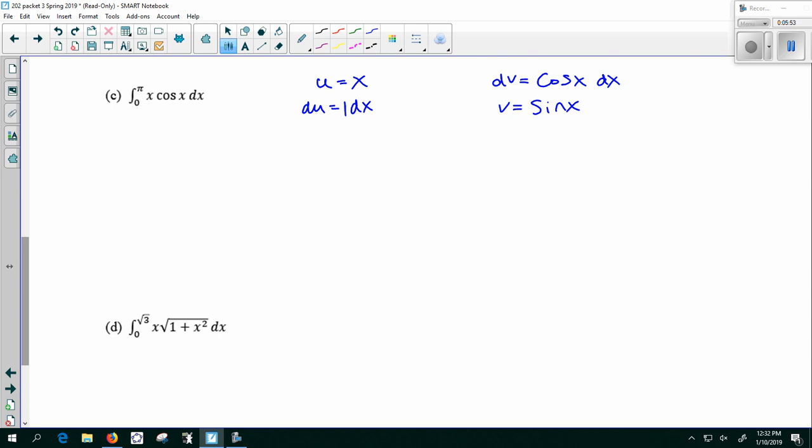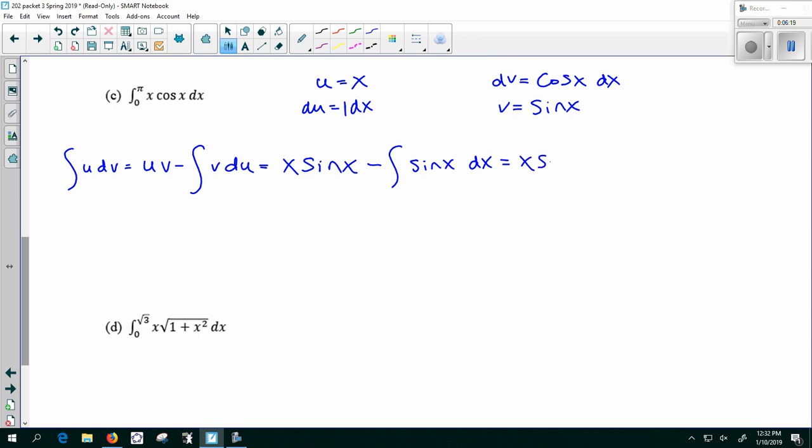All right, so now I'm going to use the formula for by parts. The integral of u dv is equal to u times v minus the integral of v du. So u times v, that's x sine x, minus the integral of v du, so that's just sine x dx.